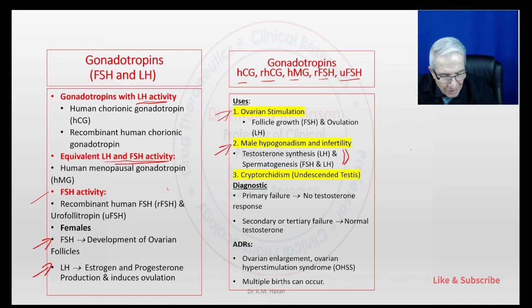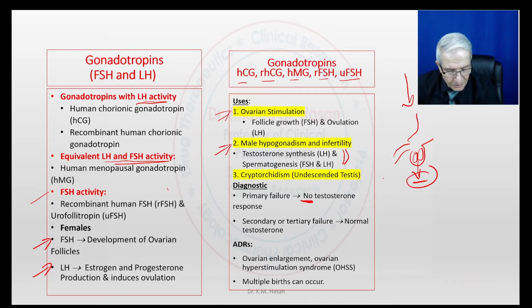That means the testes are unable to produce testosterone. When you have primary failure, the lesion will be in the testes. So even if you prescribe a hormone to stimulate, we don't have testosterone.